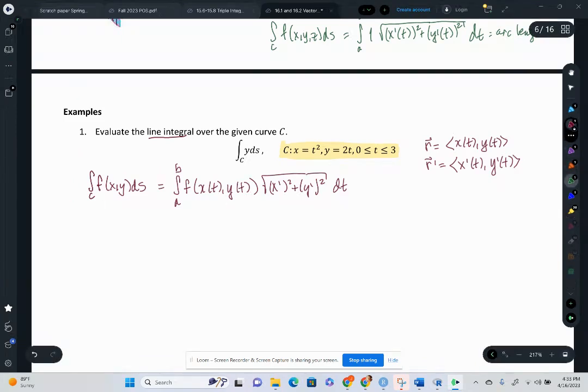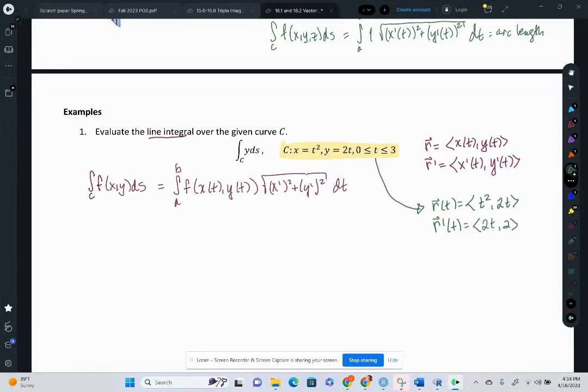So r of t is just a vector with components t squared and 2t, and r prime of t is a vector with components 2t and 2. And so I've got my pieces. I know that x of t is t squared, y is 2t, x prime is 2t, and y prime is 2.